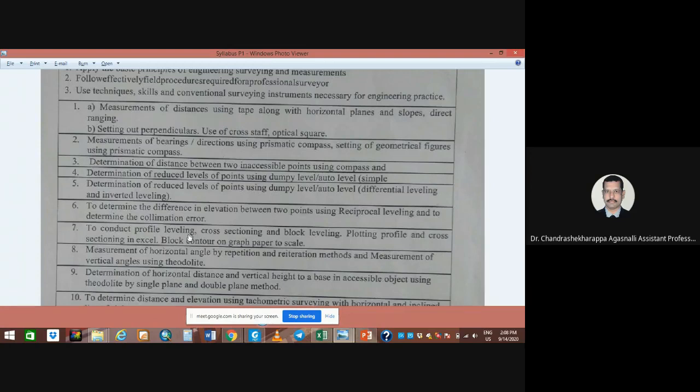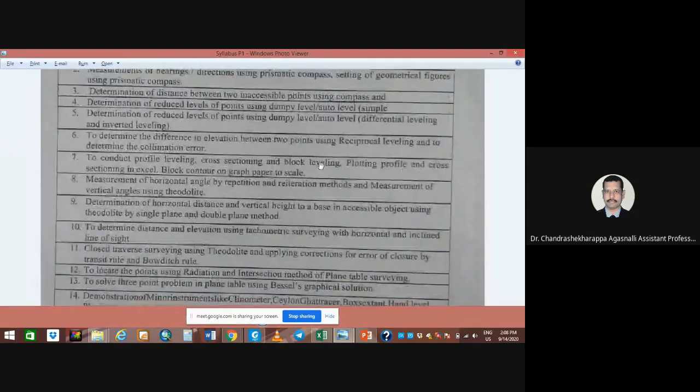Cross section profiling, block leveling, plotting profile and cross section, using block contours and graph papers and scales. And the eighth is measurement of horizontal angles by repetition and reiteration methods, and also measurement of the vertical angles using the theodolite.